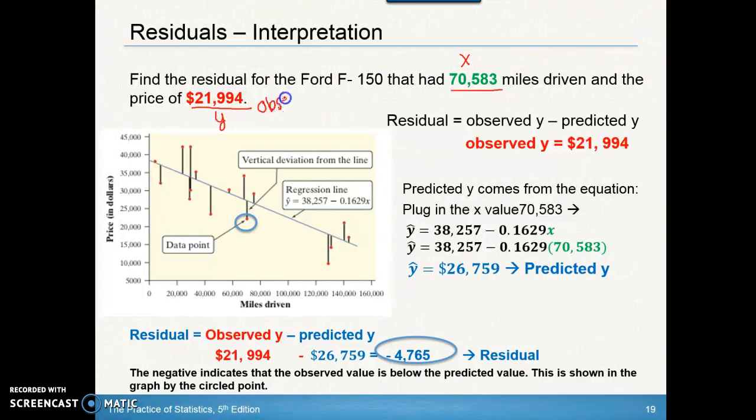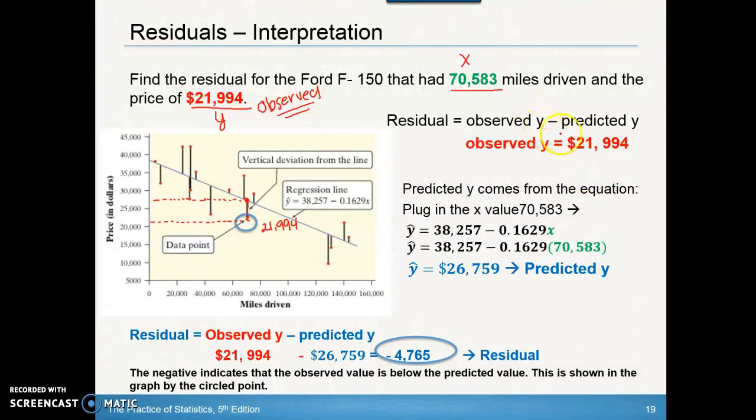I actually went out and gathered that. The residual is, we want to find this vertical distance, okay? So if you think about it right here, what's this vertical distance? So this y value was 21,994. Okay, what is this predicted y value? So I have to figure out what the predicted y value here is.